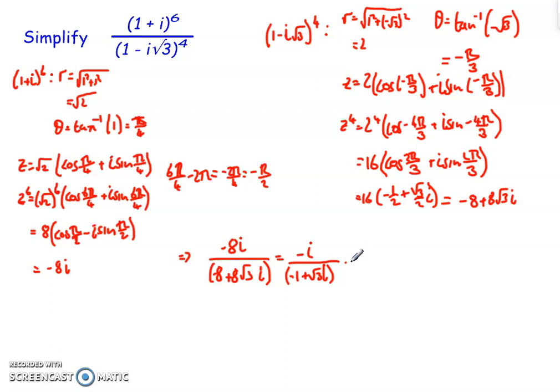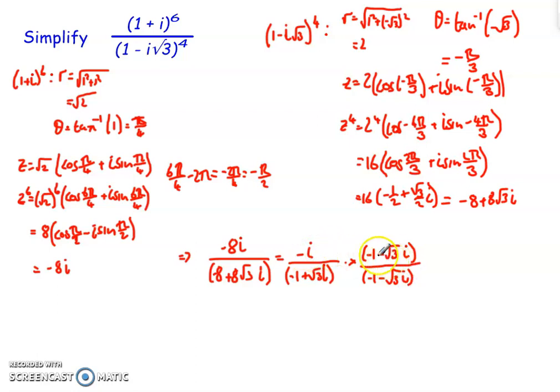So I'm going to multiply the top and the bottom by negative 1 take away root 3 i. Now remember, on the bottom it's negative 1 plus root 3 i, so to get rid of it, reverse the sign in the middle, and that's why it's negative 1 minus root 3 i.